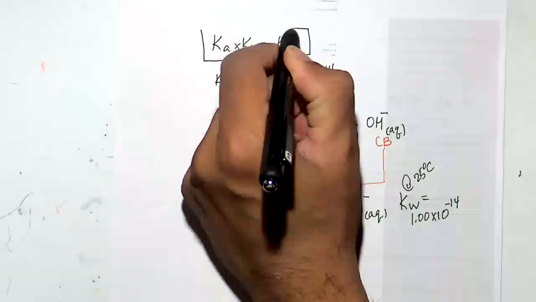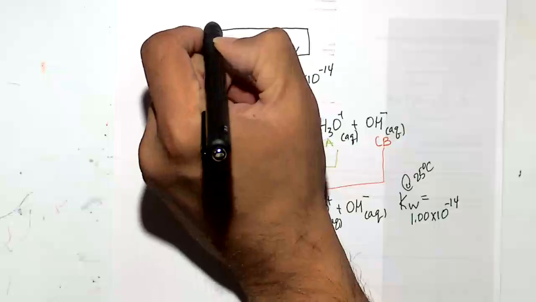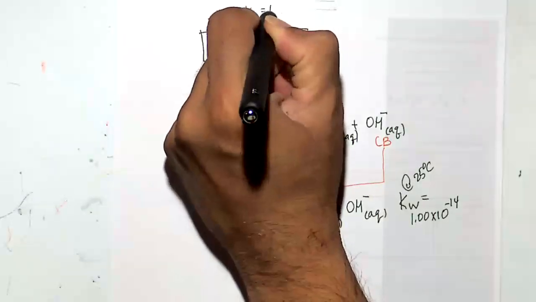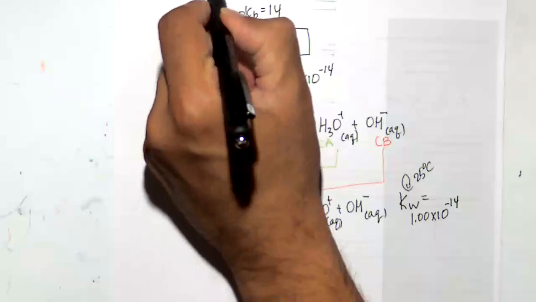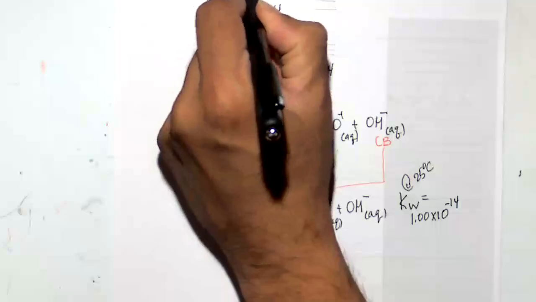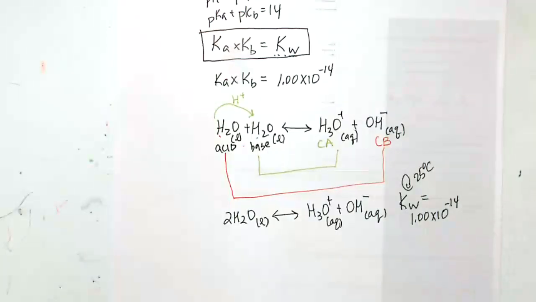All right, so Ka times Kb is equal to Kw. pKa plus pKb is going to equal 14, and then pH, the power of the hydrogen ion concentration, plus the power of the hydroxide ion concentration will also equal 14.